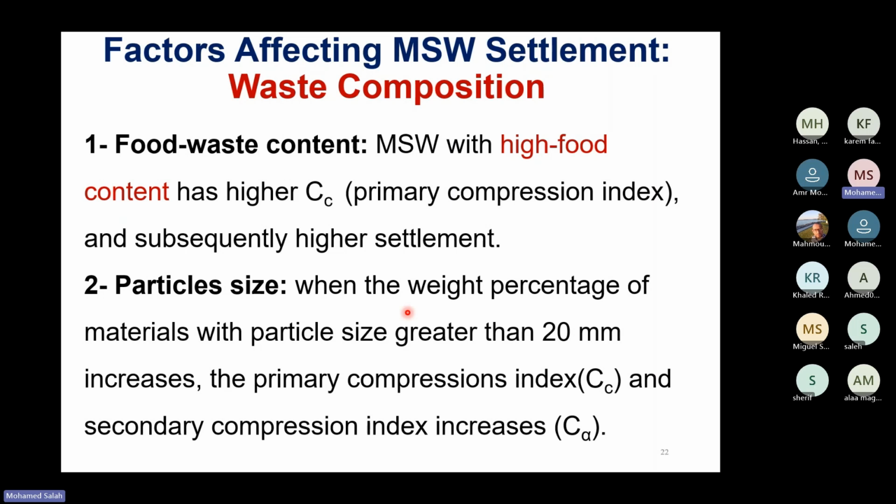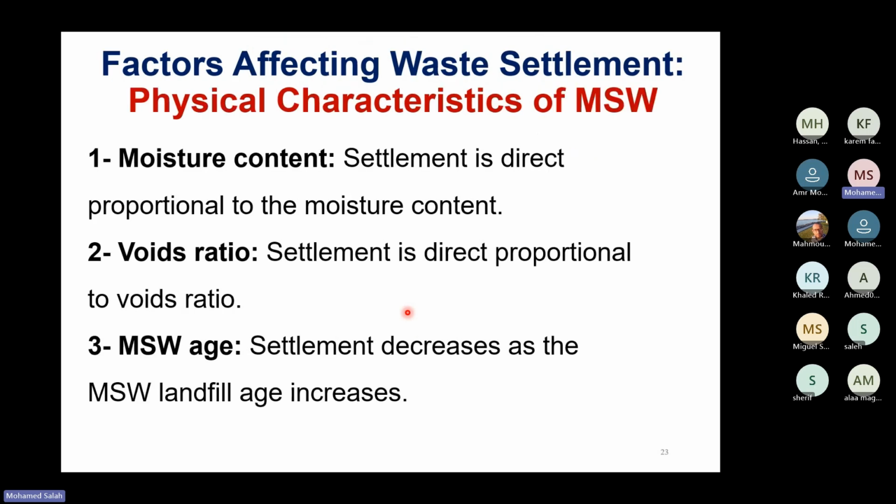And now let's jump to the second factor, which is the physical characteristics of municipal solid waste. First, the moisture content of the municipal solid waste: settlement is directly proportional to the moisture content. The higher the voids ratio in the waste, the higher the settlement of the waste.